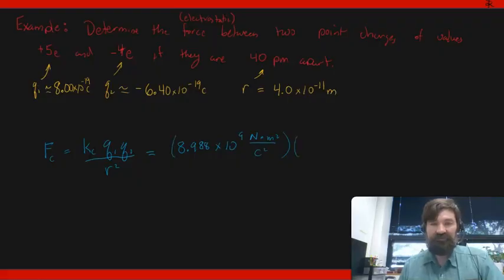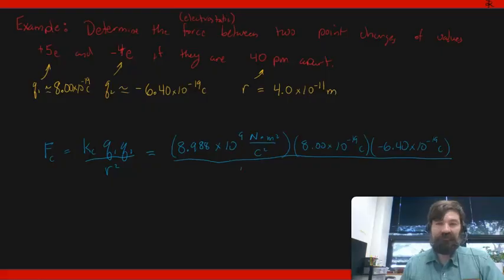We multiply that by 8.00 times 10 to the minus 19 coulombs. And then we multiply that by negative 6.40 times 10 to the minus 19 coulombs. And then the whole thing is going to be divided by 4.0 times 10 to the minus 11 meters squared. So that all goes into your calculator.